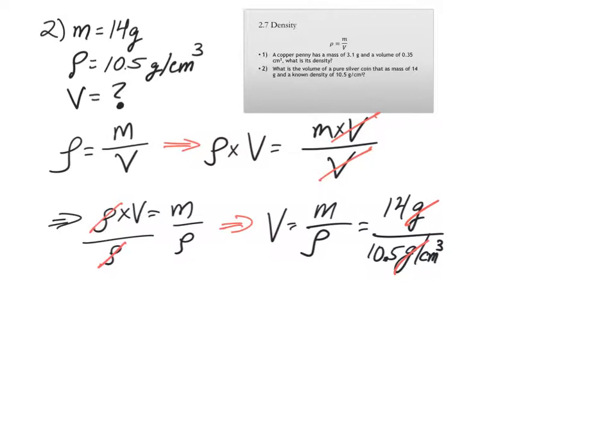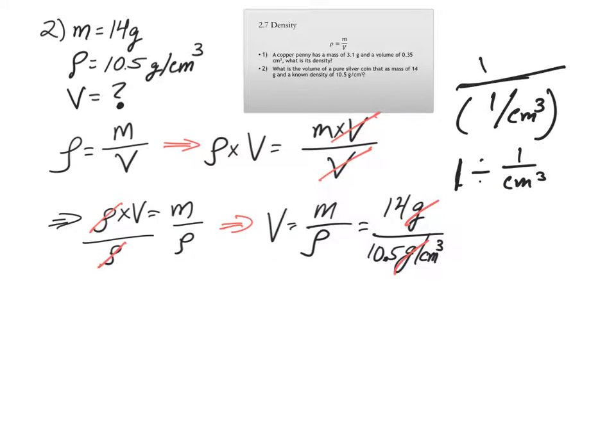Technically, what you would get is 1 divided by 1 divided by cubic centimeters. Anytime you have a number divided by a fraction, you might remember from algebra that you can multiply and flip that dividing fraction. So instead of dividing by a fraction, you're multiplying by the reciprocal of it. 1 times a cubic centimeter is a cubic centimeter.